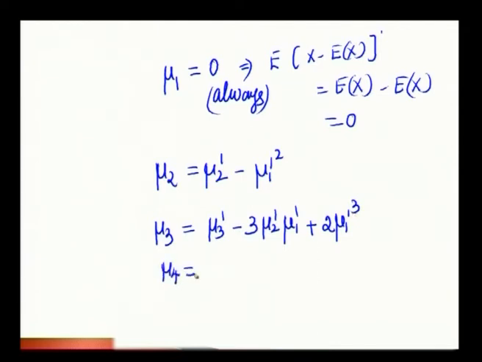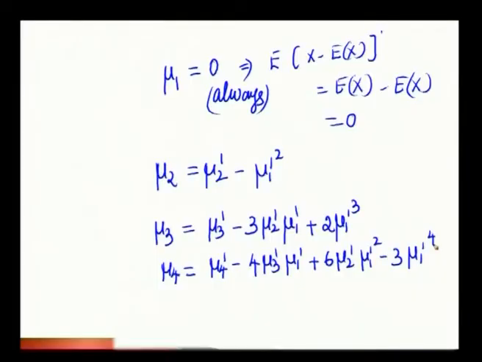Mu 4, that is the fourth central moment, is mu 4 dash minus 4 mu 3 dash mu 1 dash plus 6 mu 2 dash mu 1 dash square minus 3 mu 1 dash power 4. So, these are the 4 central moments. Usually we will deal with only 4 moments.